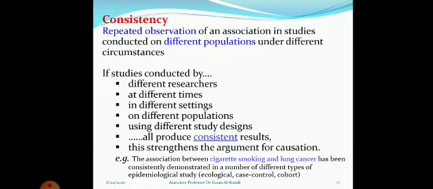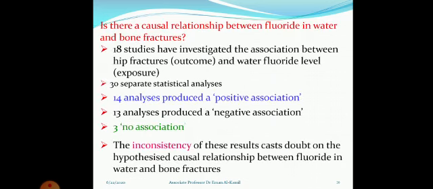If studies conducted by different researchers, at different times, in different settings, on different populations, using different study designs, all produce the same or constant result, this strengthens the argument of causation. For example, the association between cigarette smoking and lung cancer has been consistently demonstrated in different types of epidemiological study: ecological, case control and cohort studies.